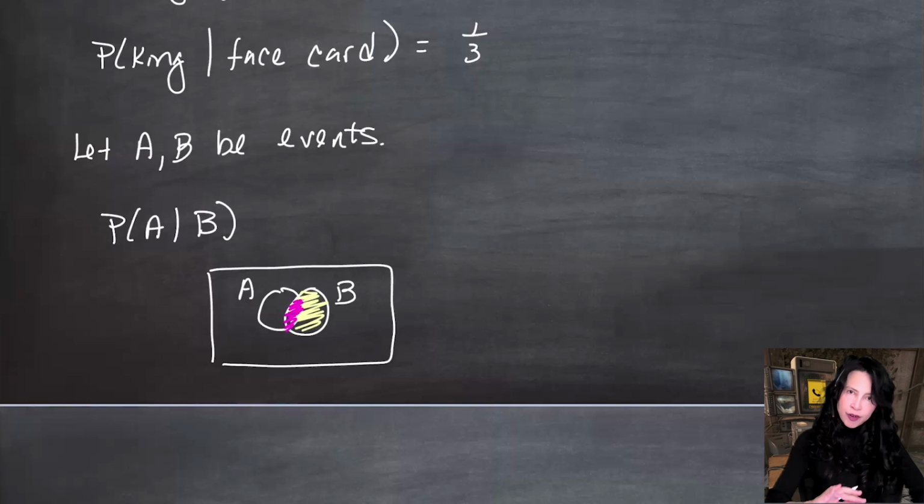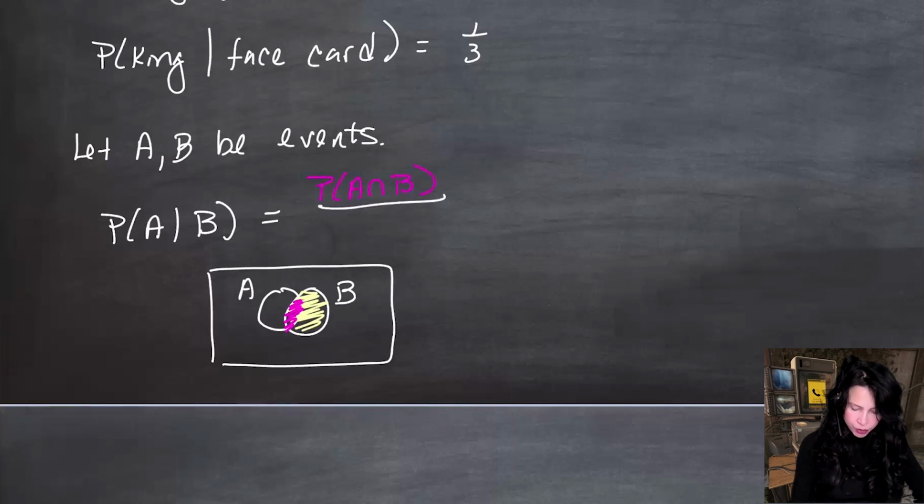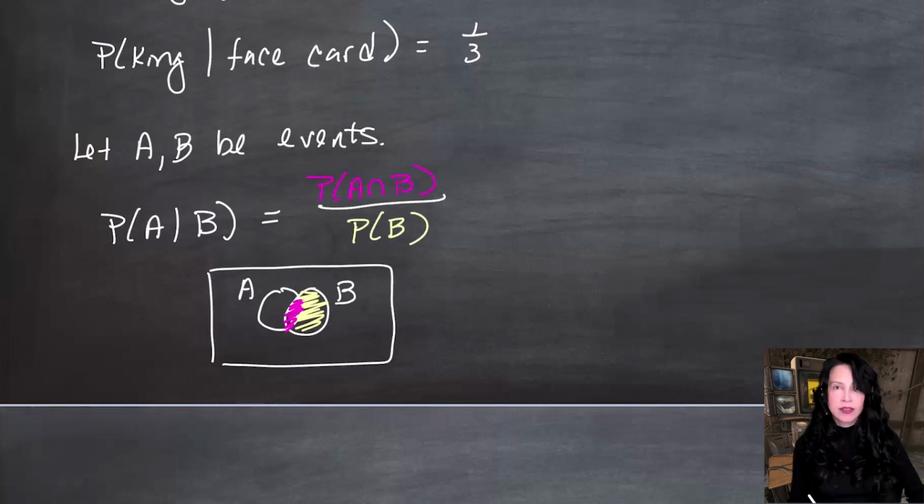That's just a fraction of this probability or area. The definition of this conditional probability is going to be the probability of A intersect B over the probability of B. That's how you define conditional probability.